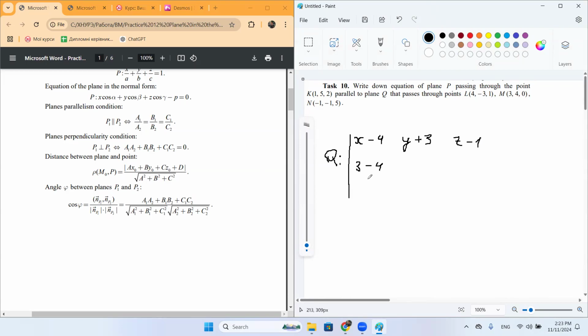Three minus 4, minus 1 minus 4. 4 plus 3. Minus 1 plus 3. Minus 1. 5 minus 1.